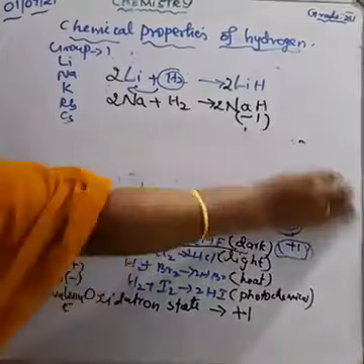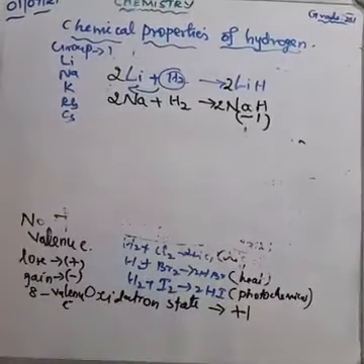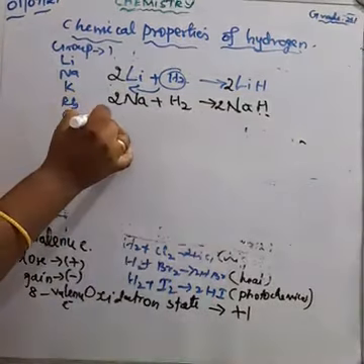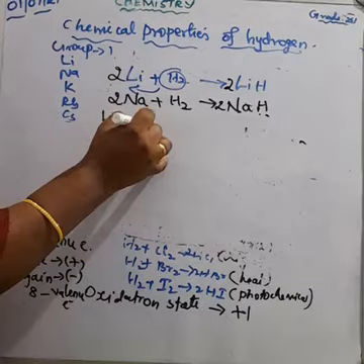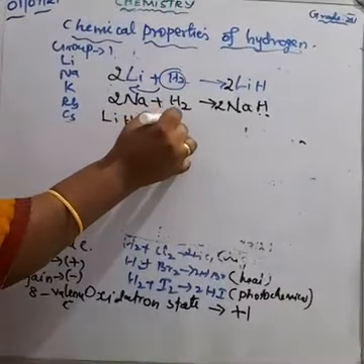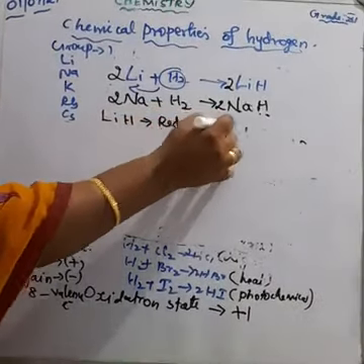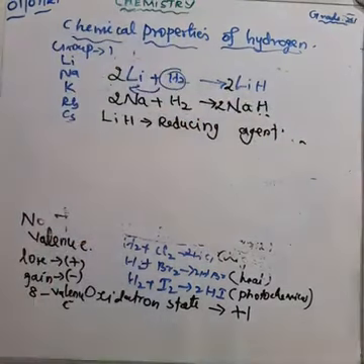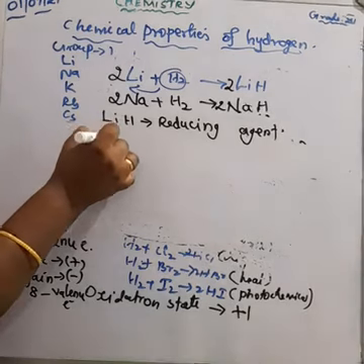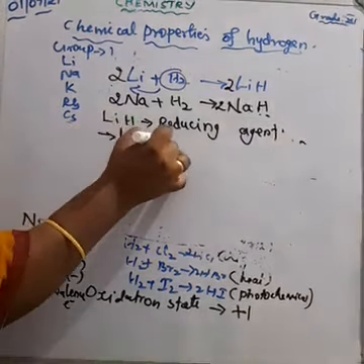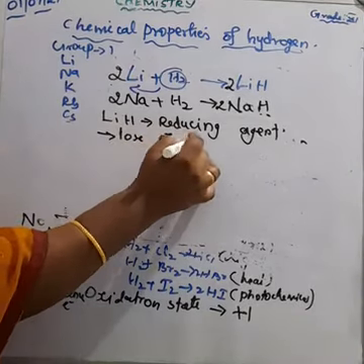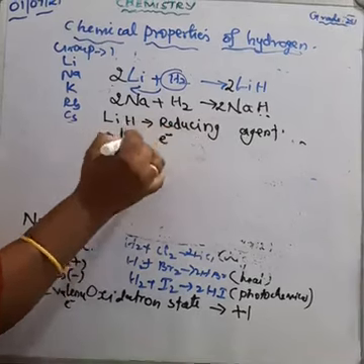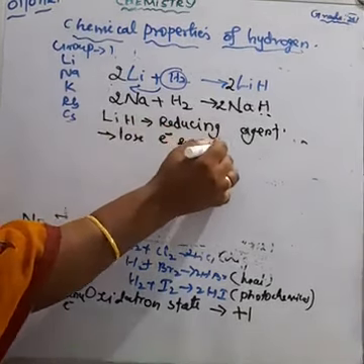These hydrides are used as reducing agents. Very, very important. These hydrides, lithium hydride, sodium hydride, are used as reducing agents. What do you mean by reducing agent? A reducing agent can lose an electron to the recipient, thus it oxidizes when it loses an electron in the redox reaction.